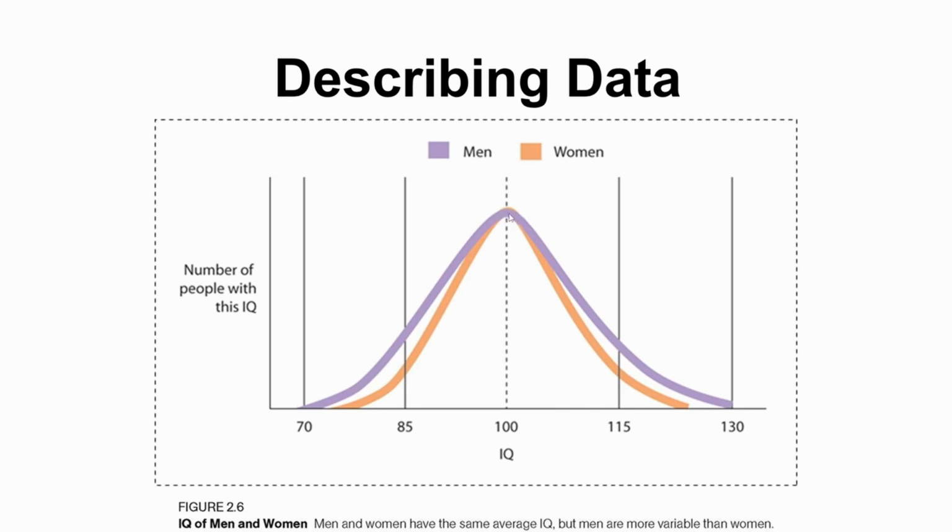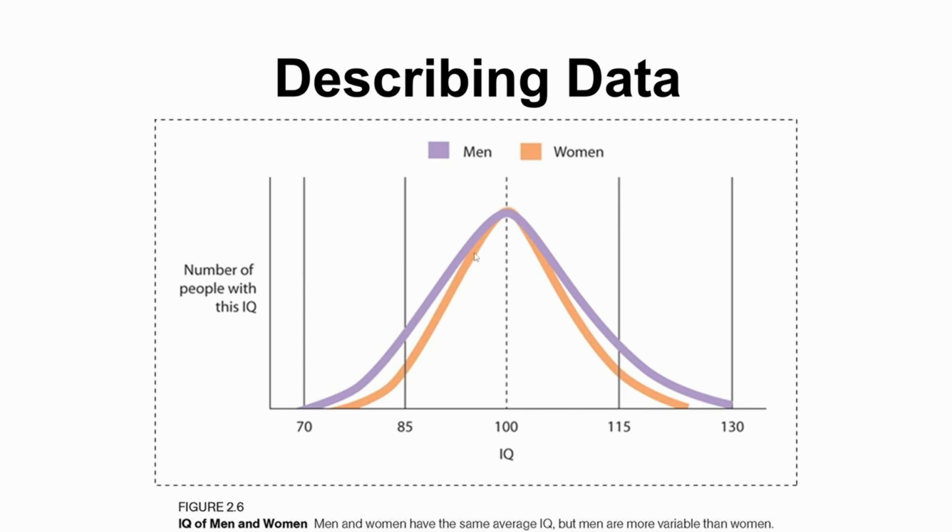But we see that our male curve, the purple line here, is a little bit wider than the female curve. And what that means is that the purple curve would have a larger standard deviation, telling us that the data points are more spread out away from that middle point, away from that average.